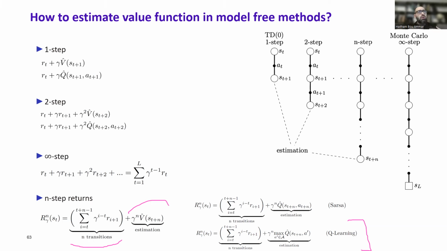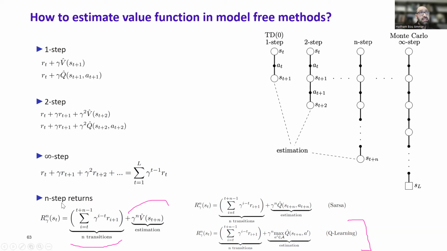Okay. So what we've done in this slide is that we talked about how we're going to estimate the Q function or the value function in model-free algorithms. We said we could do it using one step, where we just take one step, observe the reward, and have the estimate of the discounted rewards to go in the future. We said we can do it in two steps: we take the first step, the second step, and then we just have the discounted estimation from that moment on.